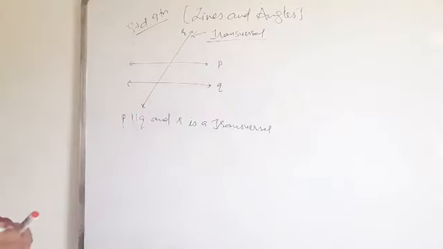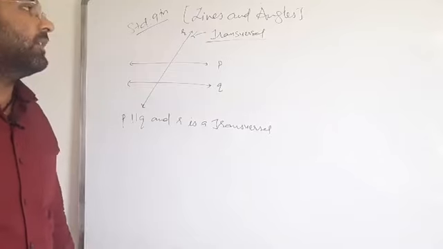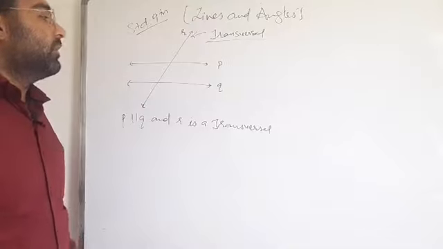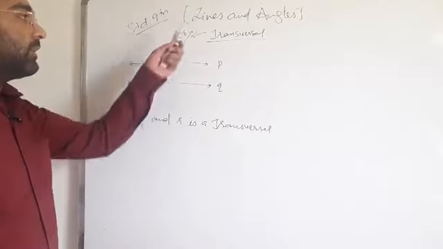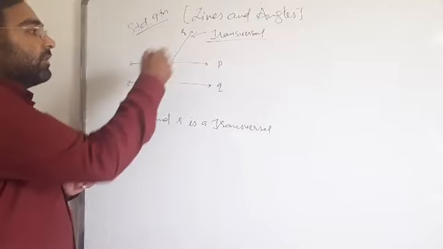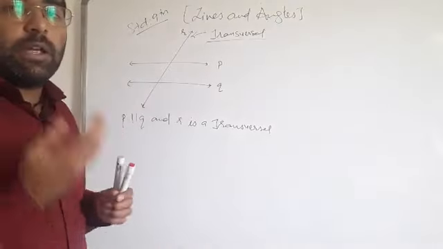Whenever two lines are given and one line intersects those two lines to make angles, we call this line a transversal. Now the transversal divides two parallel lines into pairs of angles.